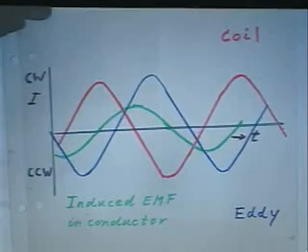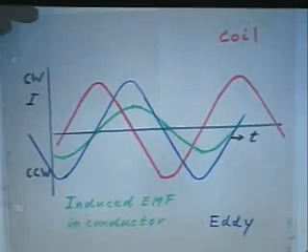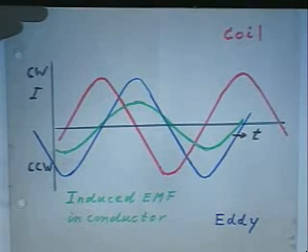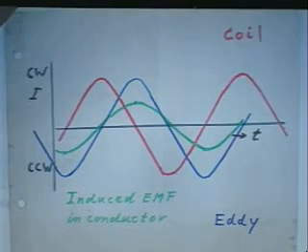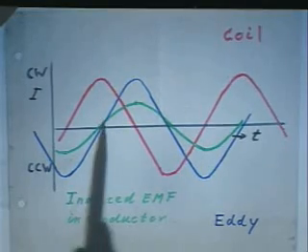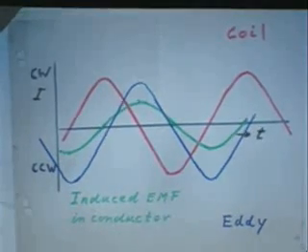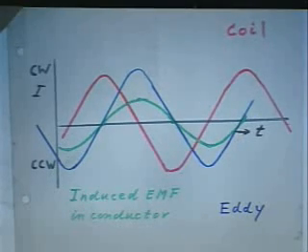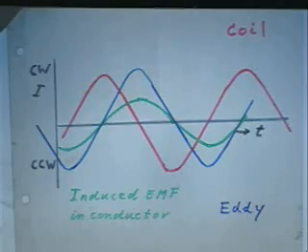Here, what you see is a blue curve which represents the induced current. I call that the eddy current. If there is no phase shift between the induced EMF and the induced current, notice that half the time the blue curve and the red curve are in opposite direction. When they're in opposite direction, they repel each other. When they're in the same direction, they attract each other.